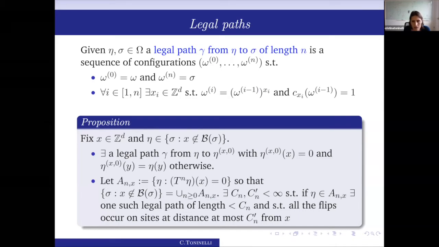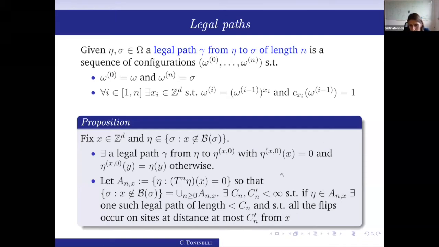It's just saying that whenever I know that a site does not belong to the backbone of sites that will remain after applying this Bootstrap Percolation map for infinite time, as much as I want, for sure this site can be emptied by that iteration of the map.